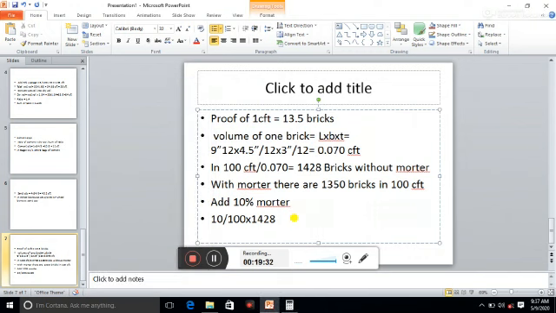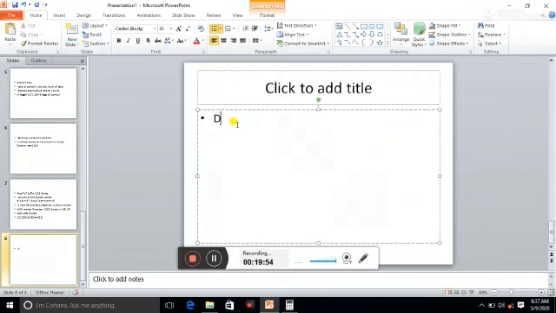So it will give 142.8. Now we will do some deduction. 1428 is the number of bricks in 100 cubic feet, and when we add 10% mortar, we will deduct 10% mortar from this.